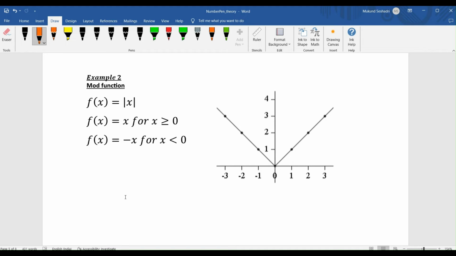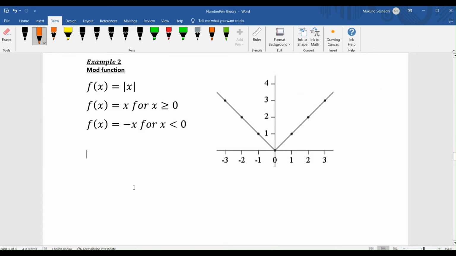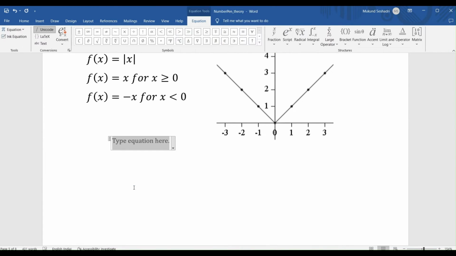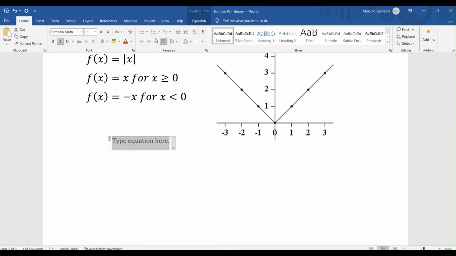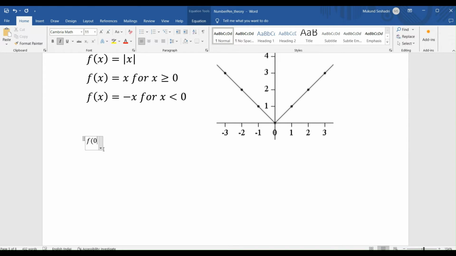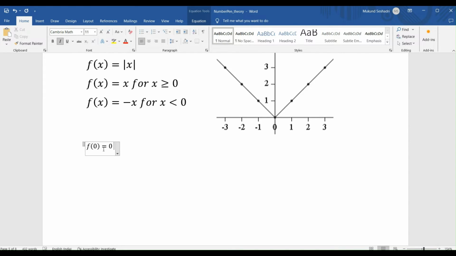So we will study the continuity of this function at the point x equals 0, and I'm going to write this again for you guys. What's my f of 0, right? My f of 0 is 0, which is nothing but my x.